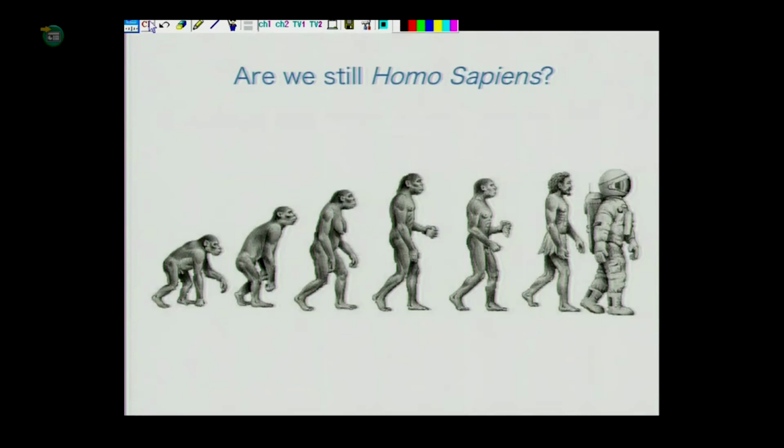So we think although our brain structure or nervous system may have become a bit more sophisticated, we still have the same general anatomy and the same general gene expression system and protein expression system. So we agree that we are still Homo sapiens.